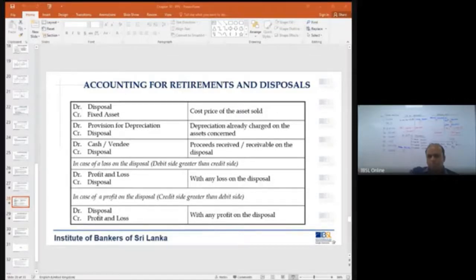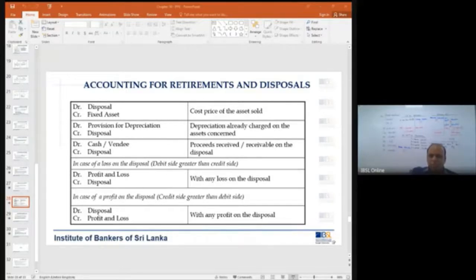They have purchased a machinery on 1112 with an initial cost of 100,000, which was sold on 30th June 2015 for rupees 70,000. They say the depreciation policy of the bank is to charge full depreciation for the year of purchase and no depreciation for the year of sale. The annual depreciation charge for the machine is 10,000.